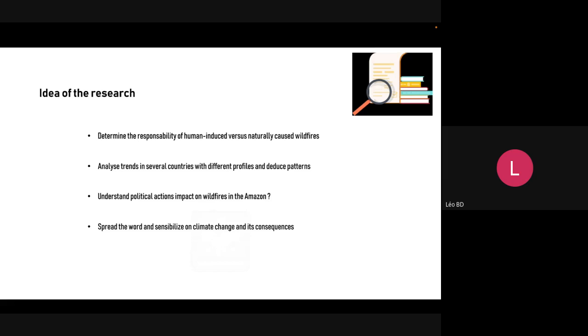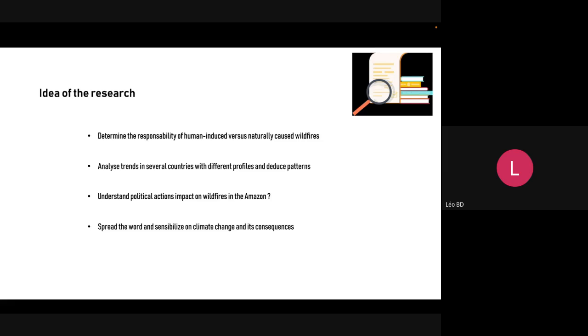What the research is now about is trying to determine the part of the responsibility of each group. If there is a wildfire, what was caused by meteorological parameters such as temperatures or winds, and what was caused by political actions? Of course, it's not as simple as that.